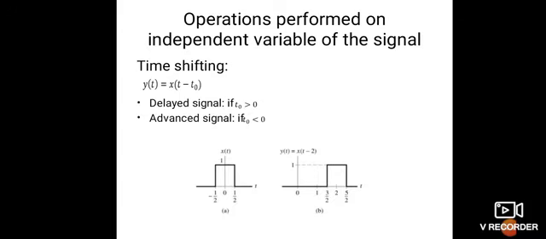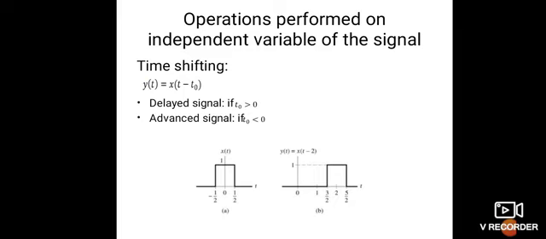In that case, I am saying that the function is a delayed signal because the whole signal is shifted to the right side. Previously the signal started from 0.